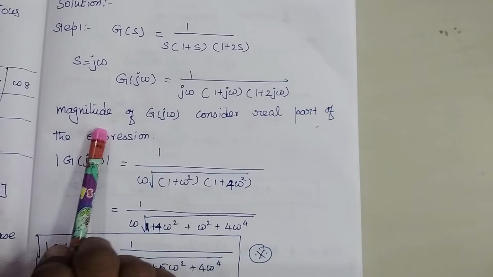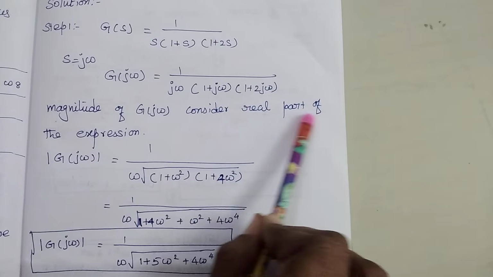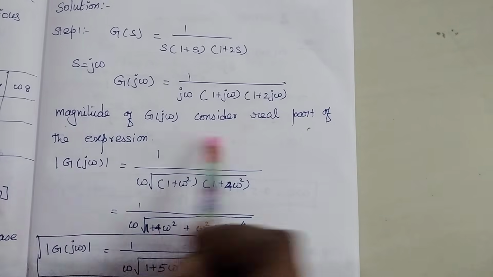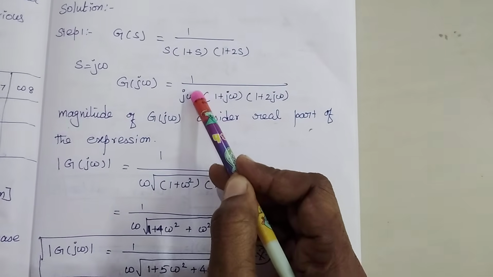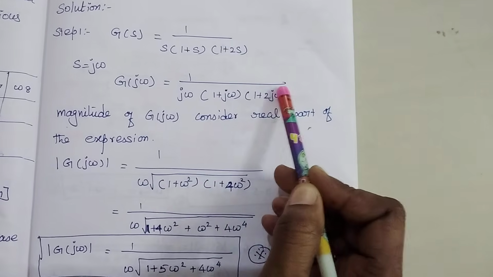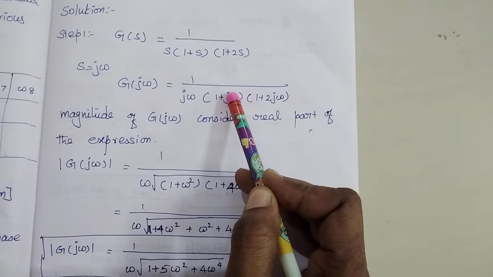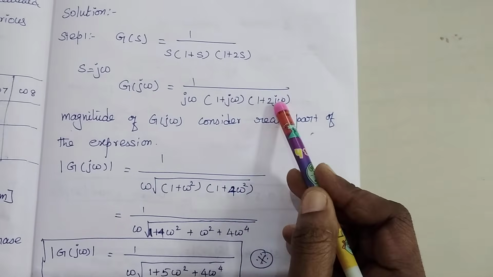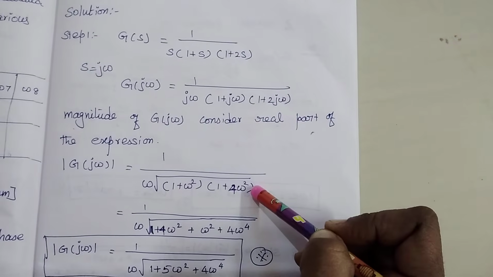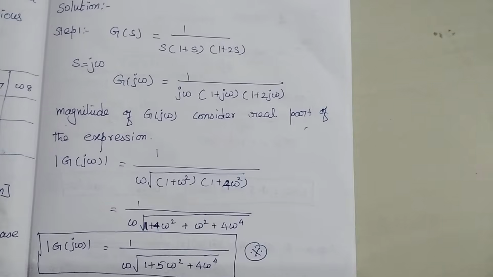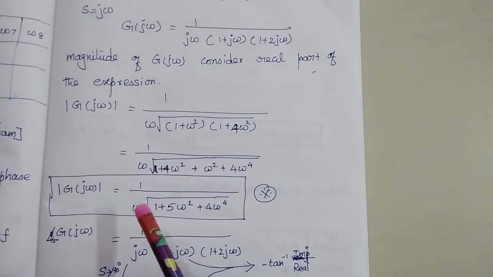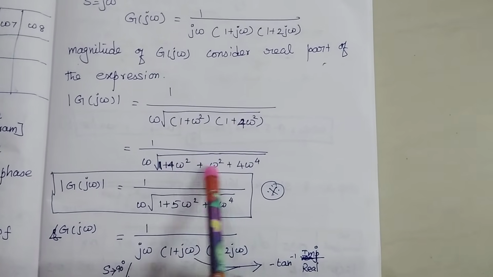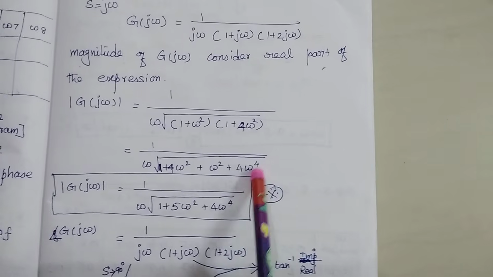Now write the magnitude of G(j omega). For that, consider only the real parts of the expression. Modulus of G(j omega) equal to 1 by omega, then square root of (1 plus omega square) into (1 plus 4 omega square). Multiplying both, you will get 1 plus 5 omega square plus 4 omega power 4.